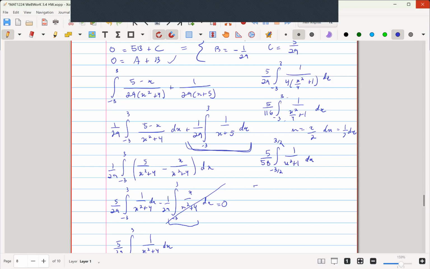And now this looks like our inverse tangent, thankfully. So we have 5 over 58 of inverse tangent of u, and we plug in our bounds. That's just going to simplify to 3 over 2 after we simplify everything. Oh wait, we're getting 1/2 though from that, so we multiply this by 1/2.